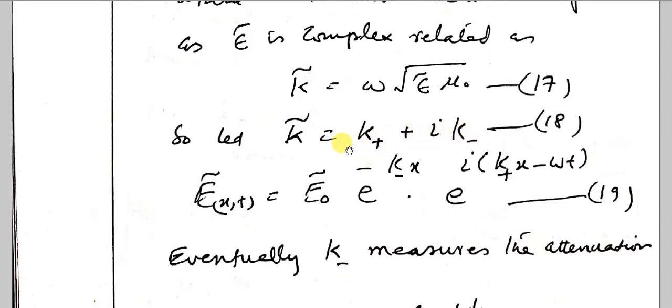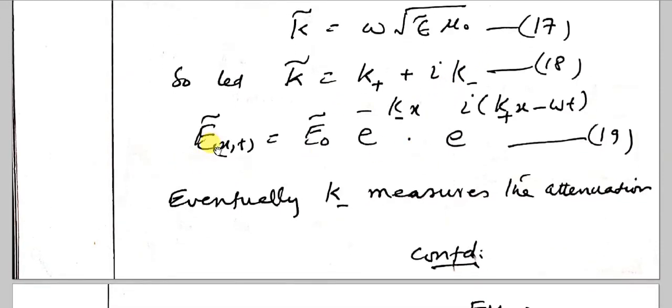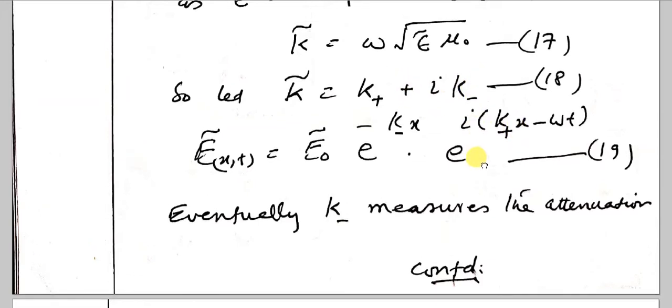Now the E field function, propagating along x with both space and time parts, is given by E naught, the amplitude, times e raised to the power minus k minus x, times e raised to the power i(k plus x minus omega t). We have introduced k into the exponential and separated the real and imaginary parts.